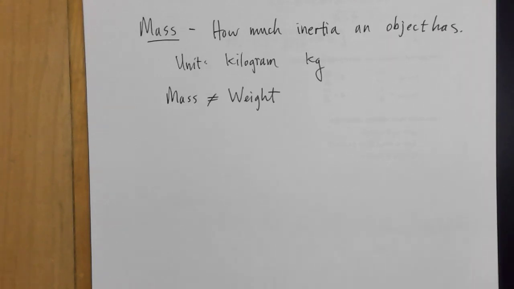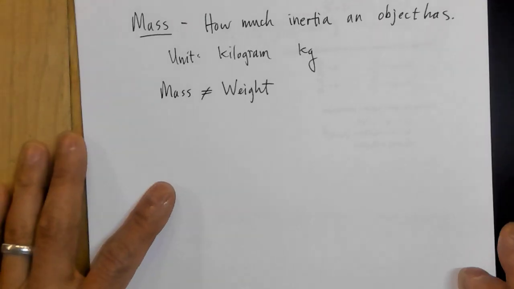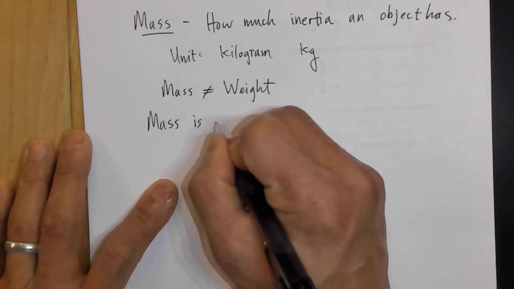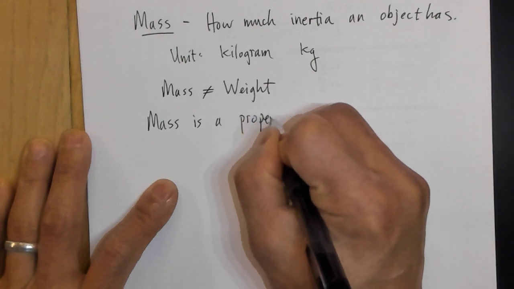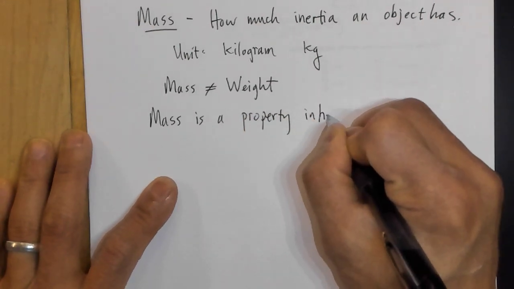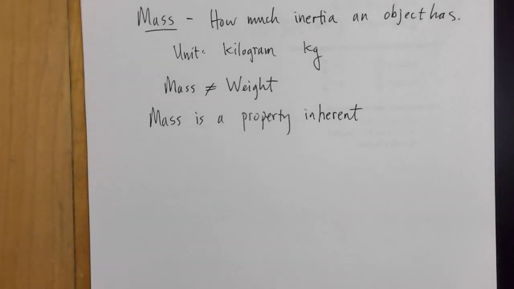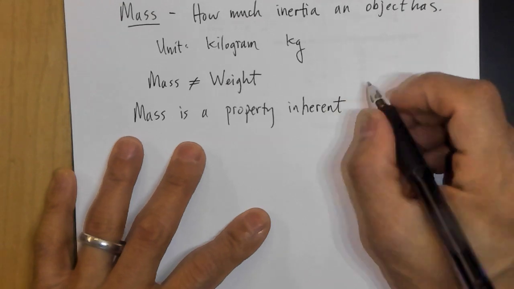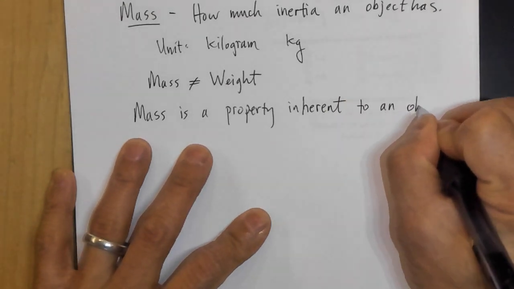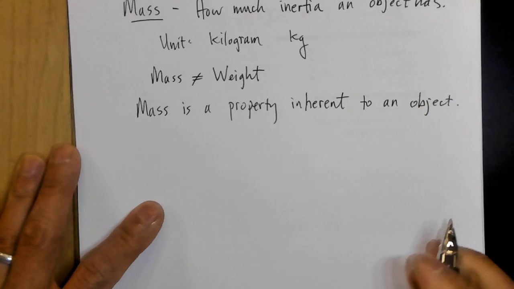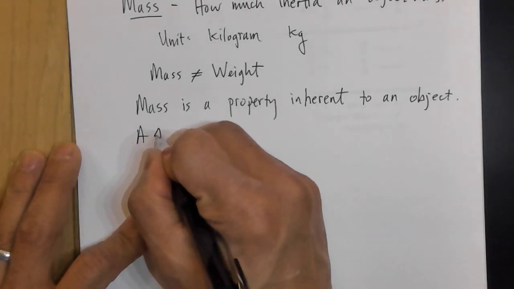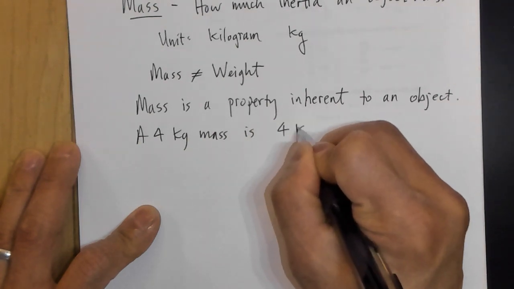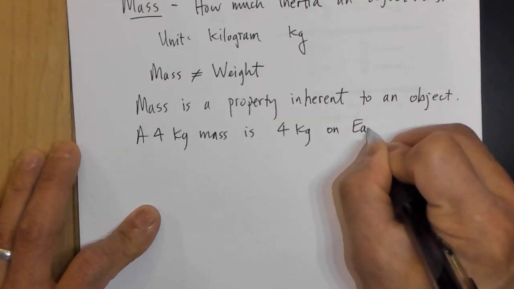Mass is inherent to an object. Mass is a property inherent, meaning it belongs to the object and it's not dependent on where you are, a property inherent to an object, meaning that a 4 kilogram mass is 4 kilograms on Earth.